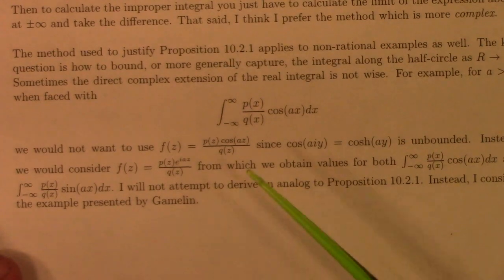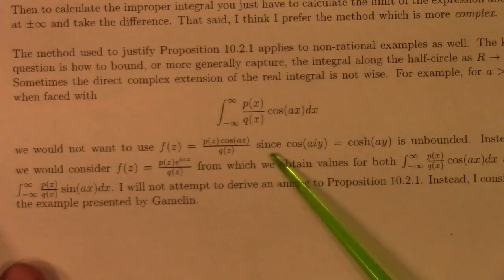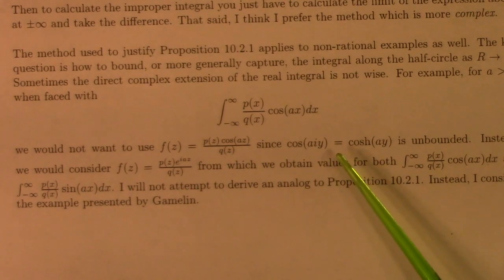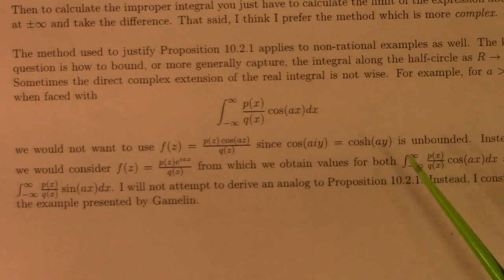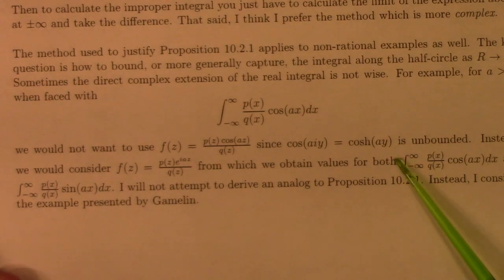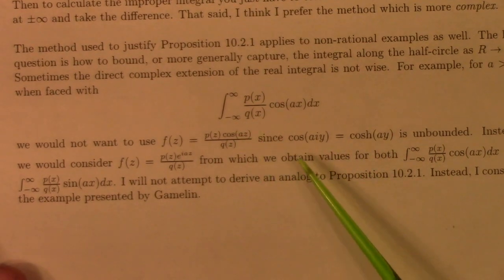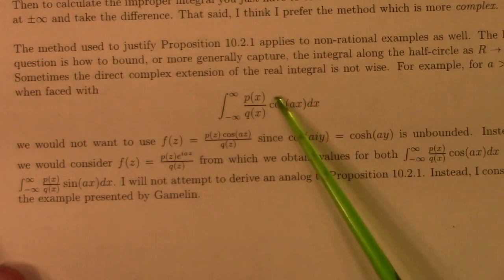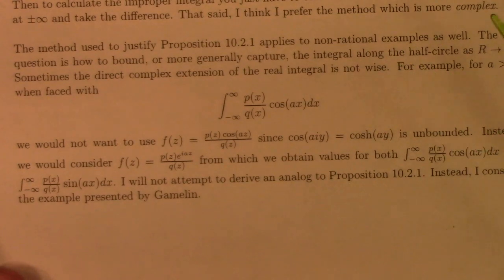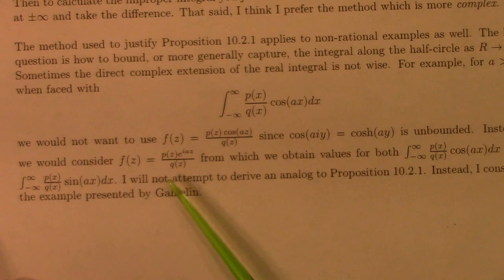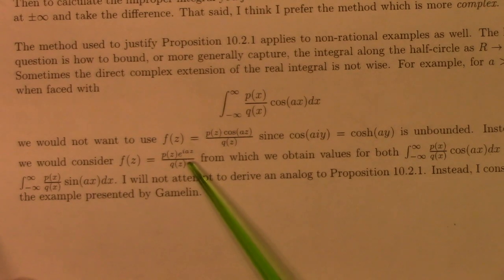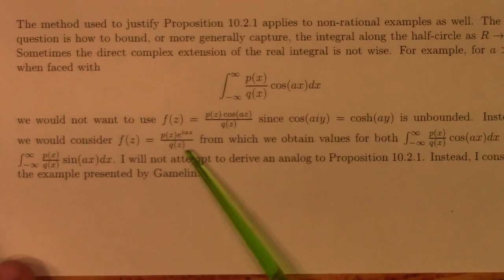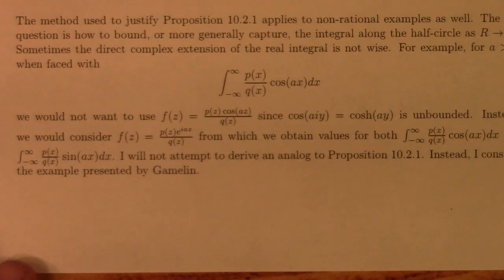That's not quite right actually, because cosine along the imaginary axis is actually cosh, and that's unbounded, so that's not going to work. You can't just plug z in here and hope that that's the integral you need to look at. That doesn't work. So what you do instead is you look at p of z over q of z times e to the iaz. Now e to the iaz, that guy is bounded, of course.